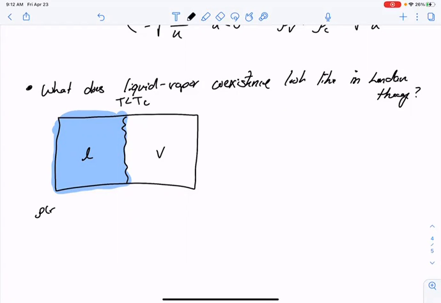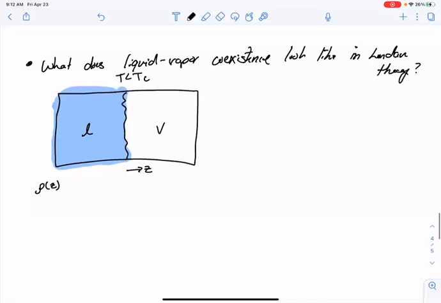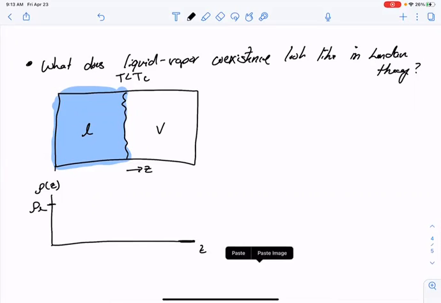If we call this direction Z, what do we expect rho Z to look like? So it will have some typical liquid value deep into this liquid state. It will have some typical vapor value, quite small, deep into the vapor state, but how does it go between them?